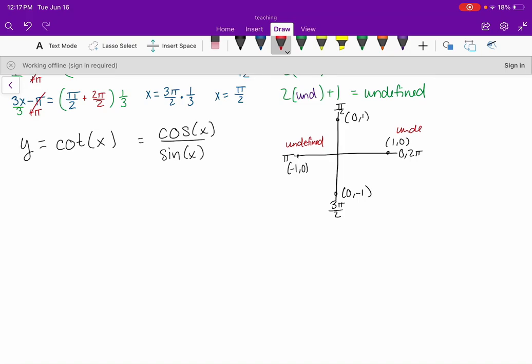So for cotangent, my first asymptote is going to be at 0, and my next asymptote is going to be at pi. Directly between these is pi over 2. Directly between 0 and pi over 2 is pi over 4. Directly between pi over 2 and pi is 3 pi over 4.